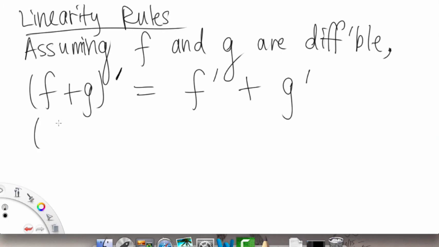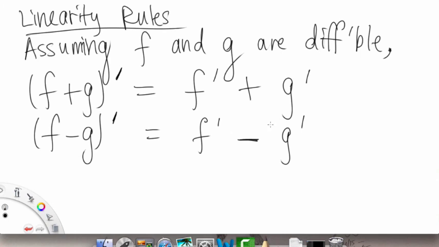The same is true with subtraction. If you do f minus g, that would be the same as calculating the derivative of each separately and then putting the minus sign in between after.